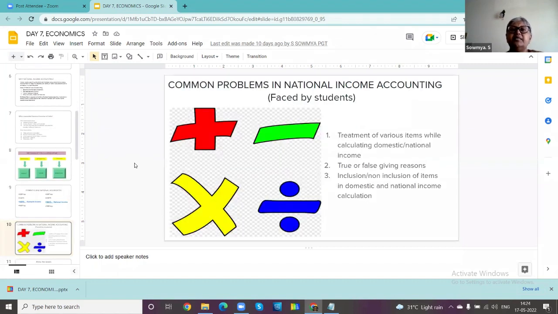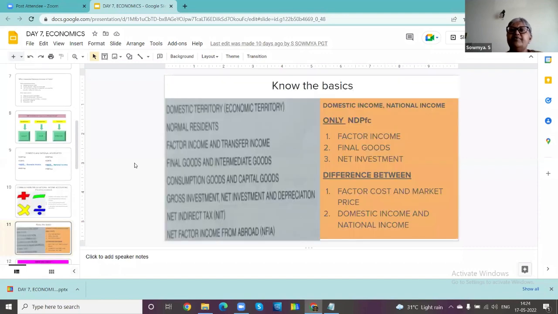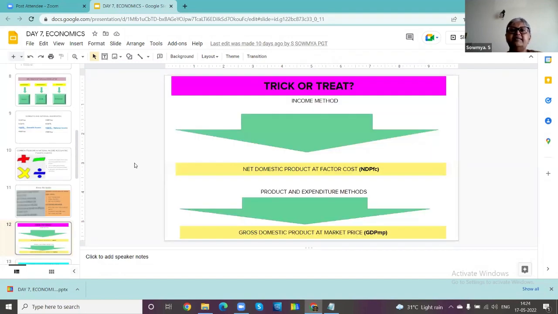Now, if you take up the income method, then under the income method, through the income method, they are going to NDPFC, yes, directly the NDPFC, because we'll have to tell them it is at the factory level. It is a factor cost, right?